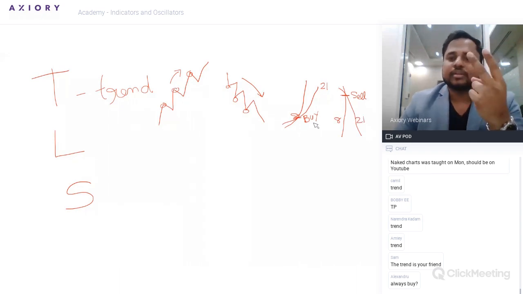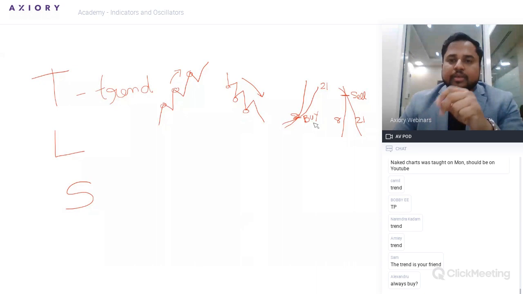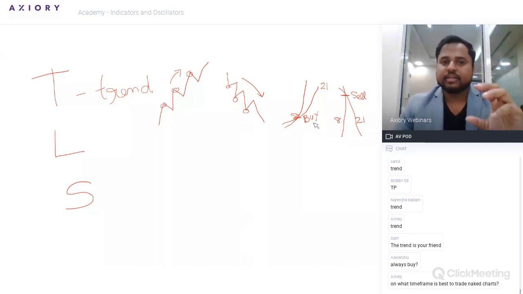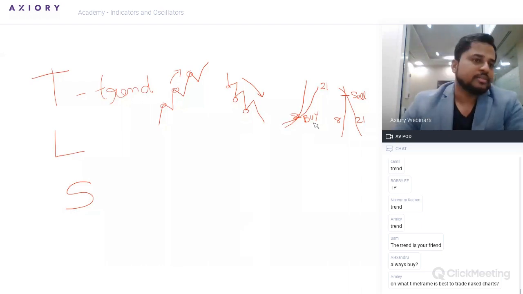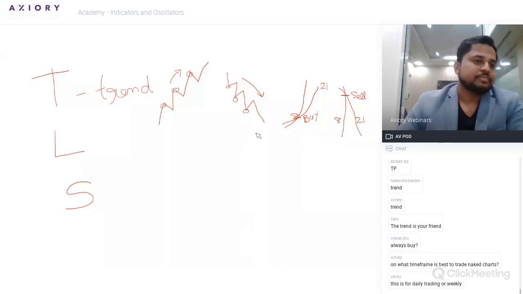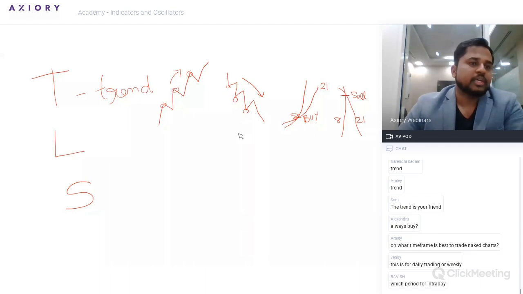So this is a two method which we can use. People who are good in drawing, analyzing the naked chart can use the first option. People who find it difficult to understand the charts can use the moving averages to identify the trends. That is clear, right? Yeah, it's for daily chart. Daily. Is that clear for you?